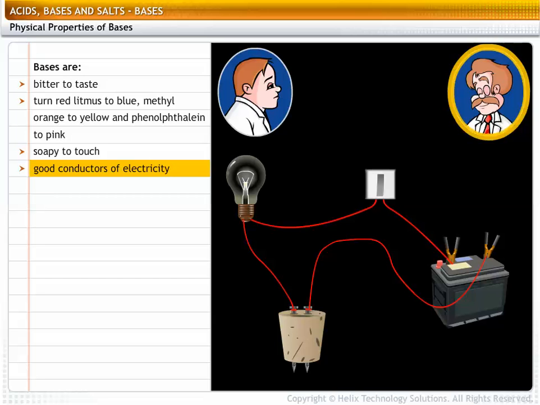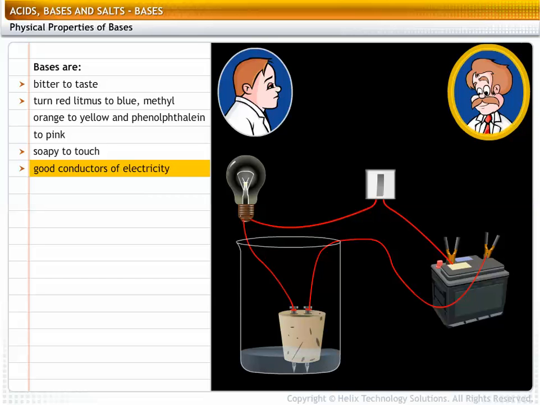Now, we insert the setup into the beaker with sodium hydroxide. Finally, pass electricity through it. We can observe that the bulb glows. From this, we can conclude that bases conduct electricity.